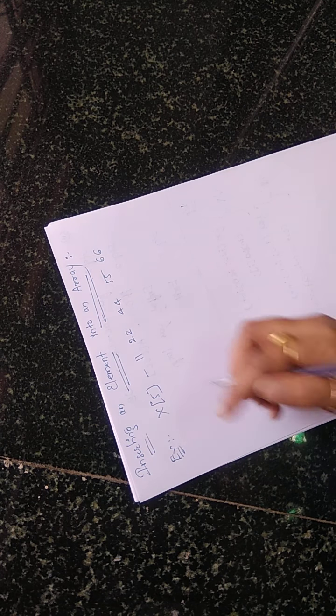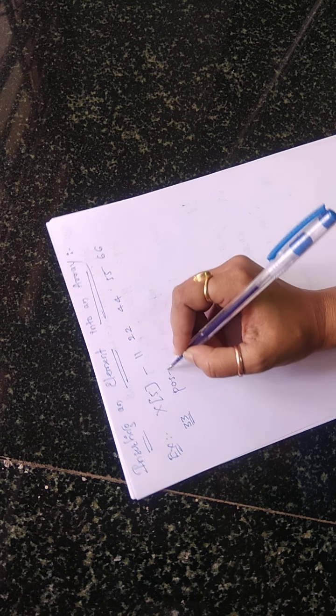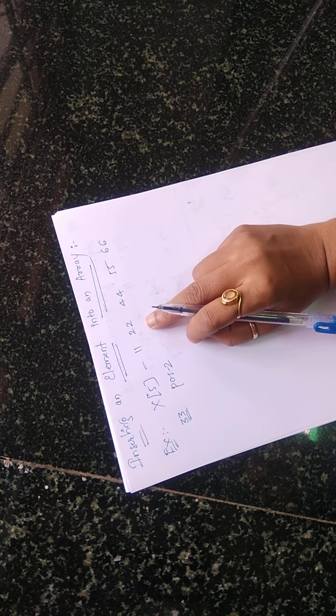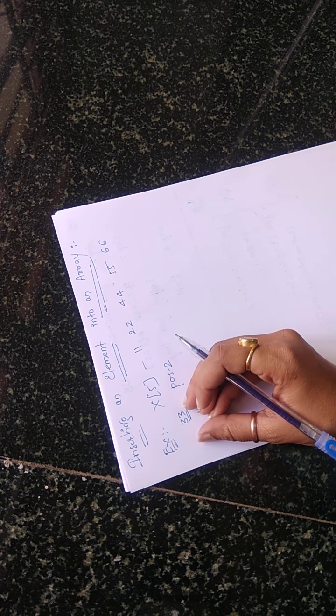Okay. Suppose now what we want to do is add 33, in the position 2. That means this is the 0th position, this is the first position, and this is the second position. Now we want to add this 33 into this second position.